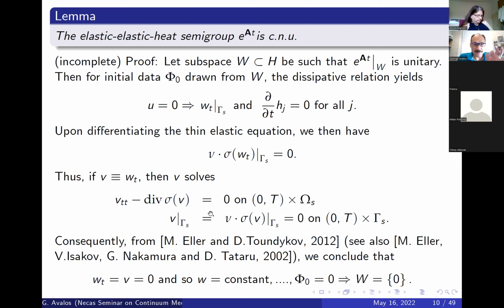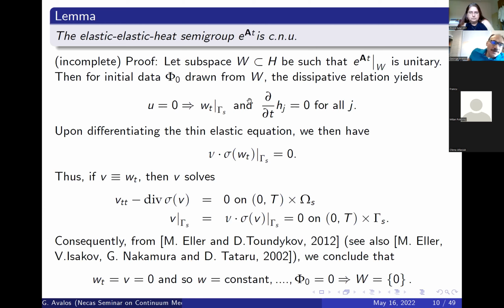But subsequently, Matthias Seller and Daniel Tundikov obtained the result. The result was valid for piecewise smooth, which is good enough for our case. But Matthias tells me that it's actually true for Lipschitz.